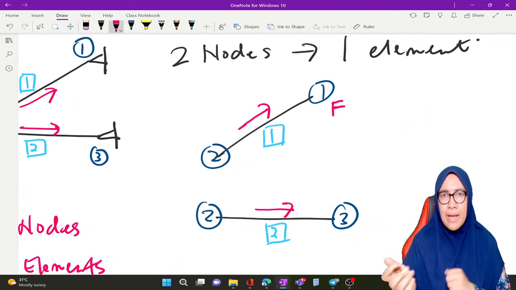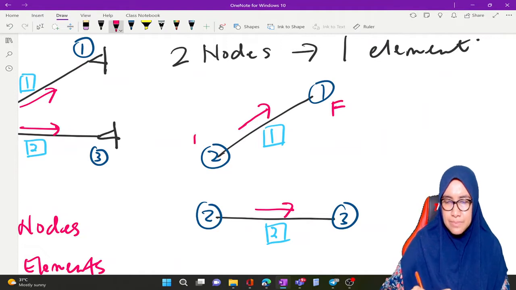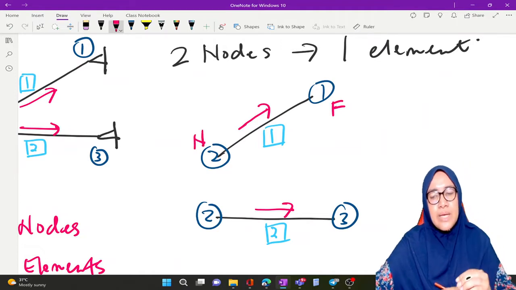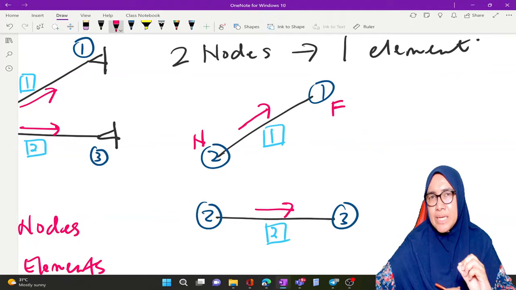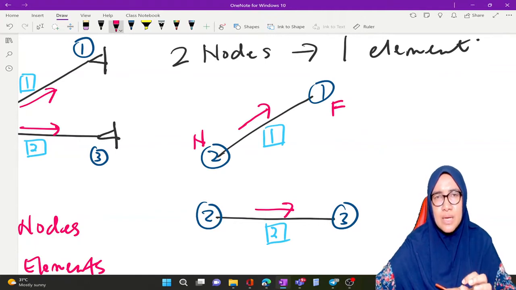So at the back of the arrow, it is the near end. This is how we identify near end nodes and far end nodes. We identify from the arrow.